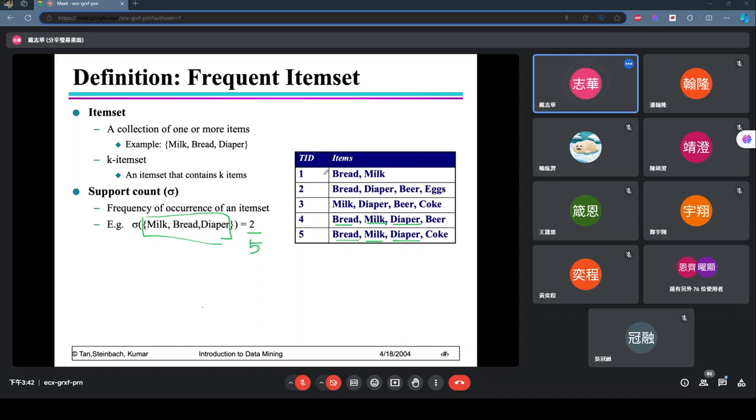When we divide it by the database size, it becomes the support. The difference is that here we emphasize it's a count, but when we divide by the database size, it is the support, a fraction.